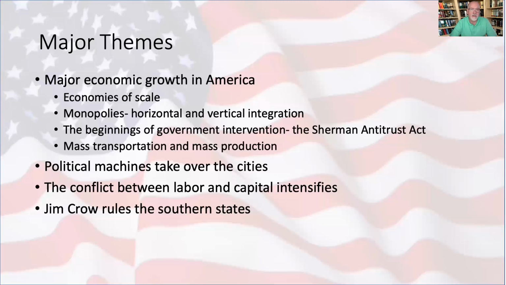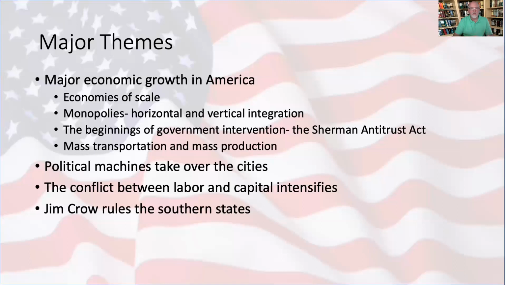In a lot of these big cities, political machines dominate politics. Of course, another factor, as we have these large growths of industry with wage jobs and people moving into the city off the farms to take wage earning jobs, is that the conflict between labor and capital intensifies. Here you really see the growth of the first unions, what will become, when they merge, the AFL and the CIO.